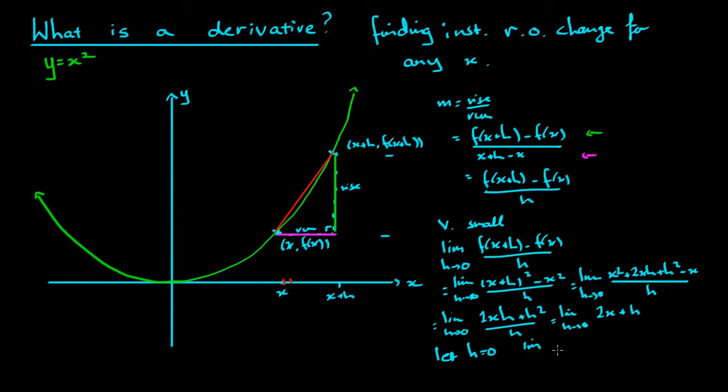We can do away with the limit now. So this term here, which is m, is equal to just 2x + 0. So before we said, if x equals 1, m was equal to 2, and as you can see, that fits in the formula there. If you let x equal 1, m does equal 2.